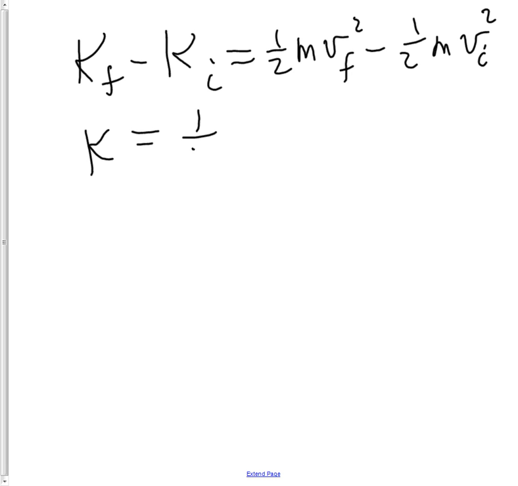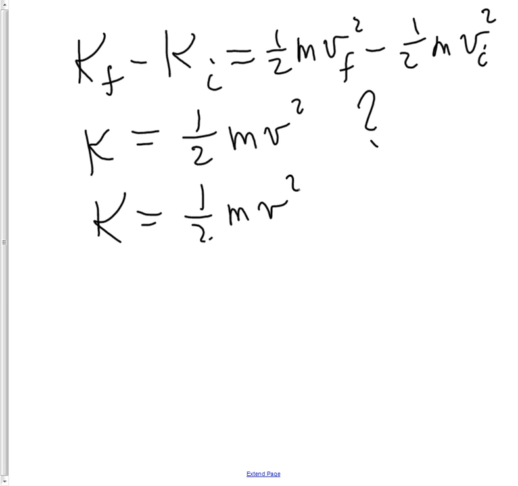Is it 1/2 m v squared? I should say, does it have to be 1/2 m v squared? No. We could define K to be equal to 1/2 m v squared plus 17, because then K final minus K initial would still be equal to this, because the 17 from K f would be subtracted out from the 17 from K i.